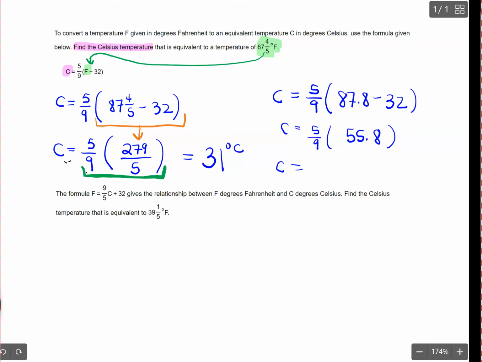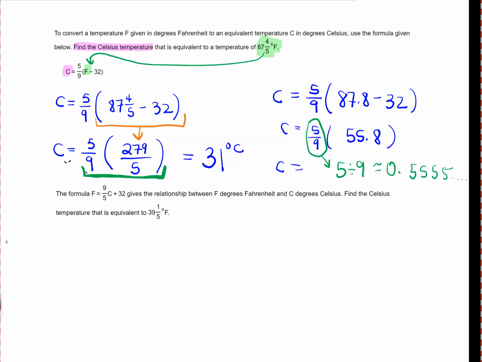Oh, and just heads up, if you tried to change 5/9 to a decimal, if you did 5 divided by 9 in your calculator, or you used your button that changes fractions to decimals, now for that one, you would get 0.55555555555 forever, right? So you would have to do some rounding there, and that's not allowed. If you try to change a fraction to a decimal and it requires you to round the decimal, then that one you can't use the decimal format.